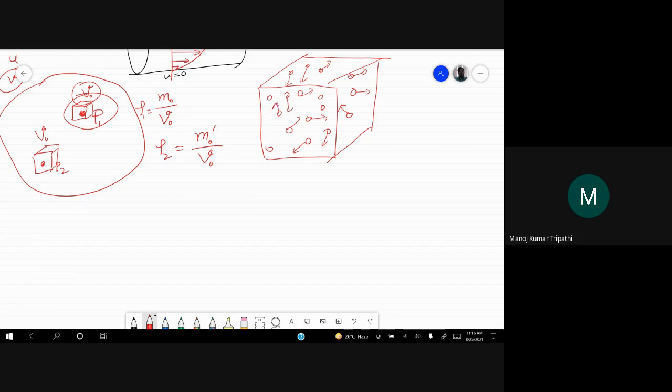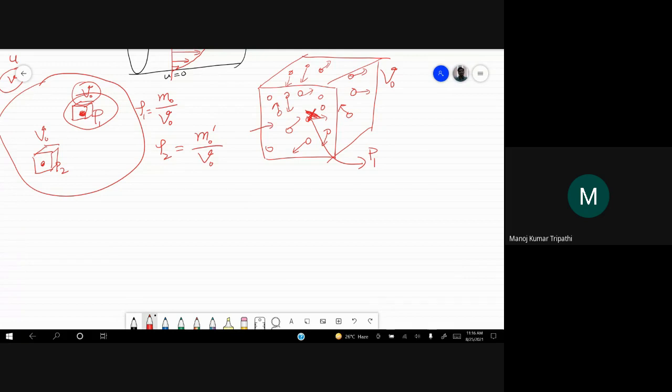Some molecules will go away from this volume that we have chosen here, which is fixed in space at point P1. So this center is this point P1. So some molecules will go out of this box of volume V naught. Some molecules will be coming in.